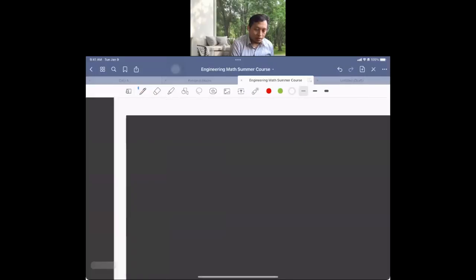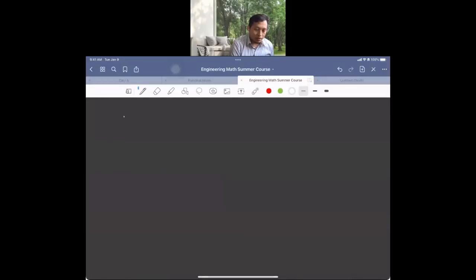So for example, let y be a function of x, and a to b is our interval. So we can use x as our parameter. We can try this with dy equals f prime of x dx.